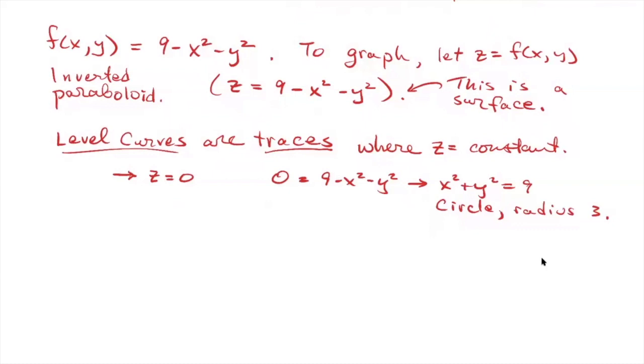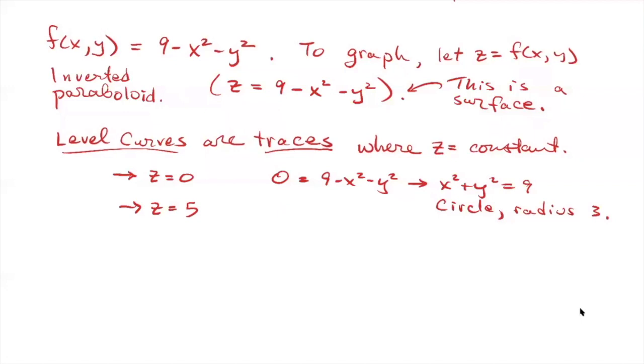Okay, and then if we set z equal to 5, and you can see I'll be picking very carefully for my z heights so that I end up with nice radii on my circles.